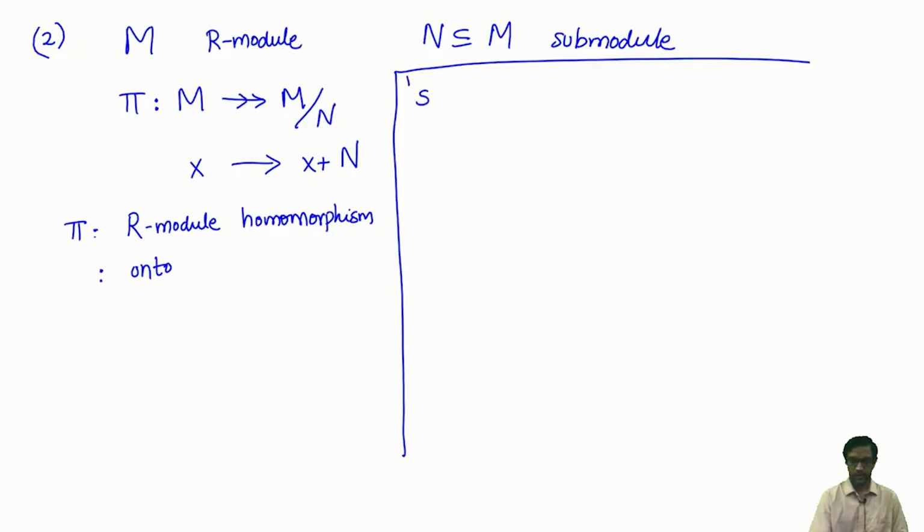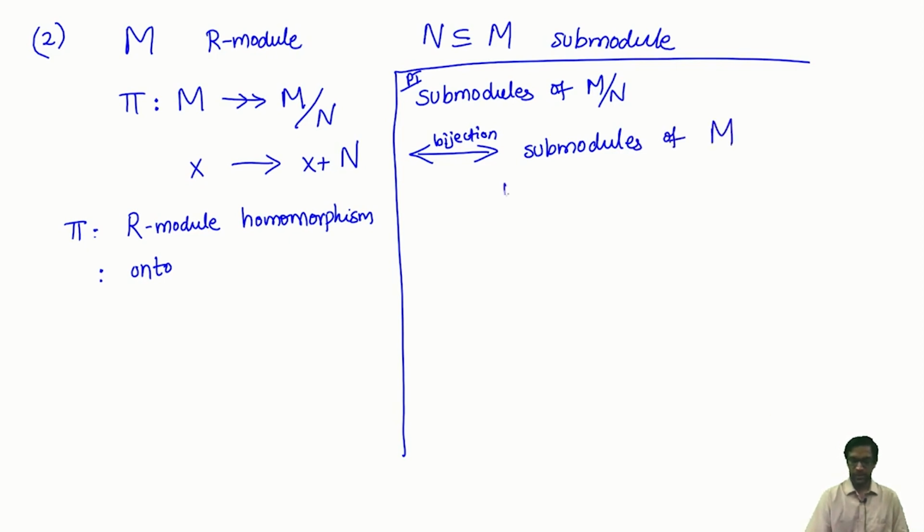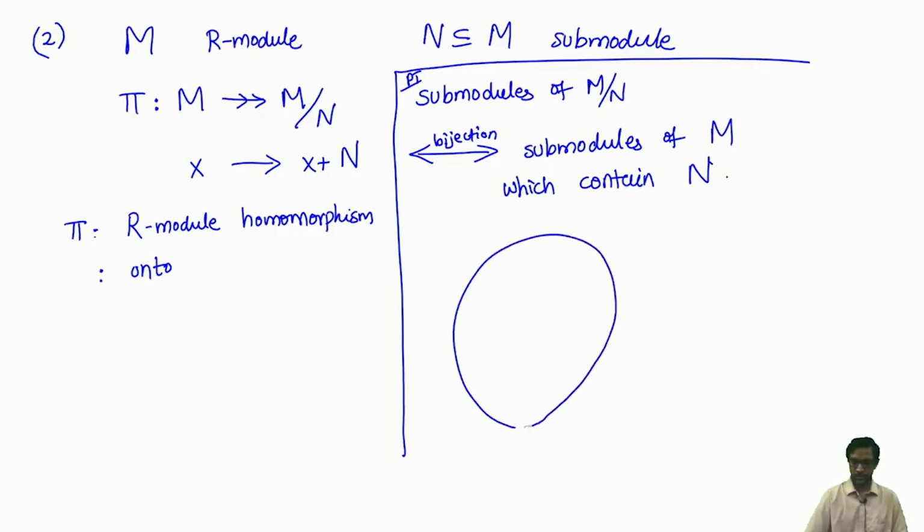Prove that the submodules of M mod N are in one-to-one correspondence, they are in bijection. Show that there is a bijection between the submodules of M mod N and the submodules of M which contain N. Sometimes it's nice to draw a picture.